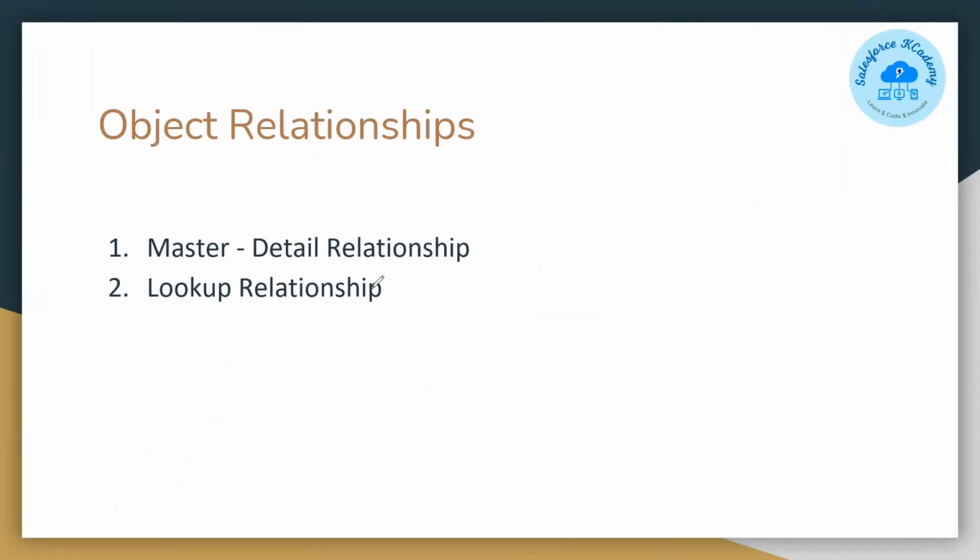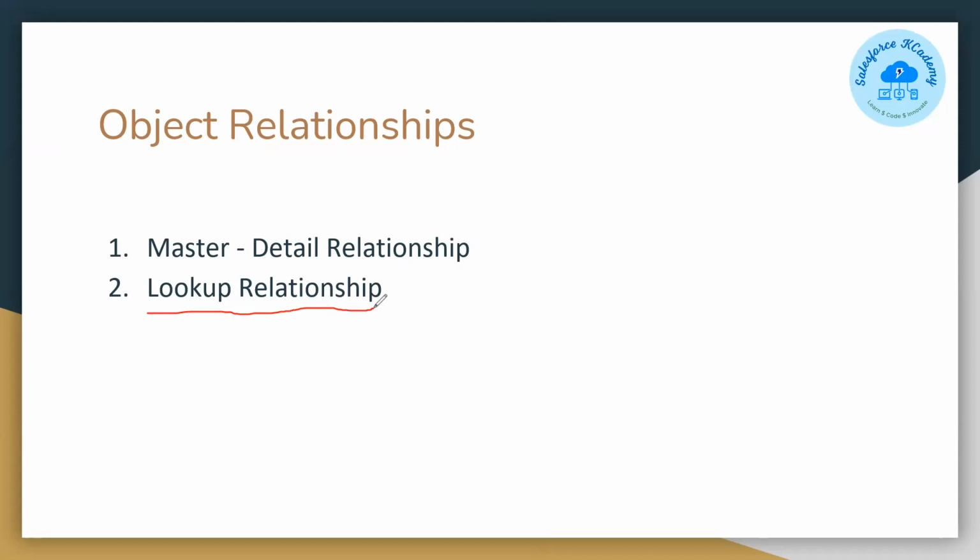So whatever we have seen till now, the example of account and contact relationship, comes under one kind of object relationship, that is lookup relationship. In this account and contact relationship, contacts can be part of the account or can be individual.